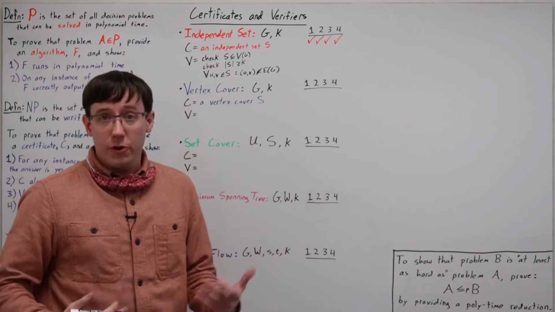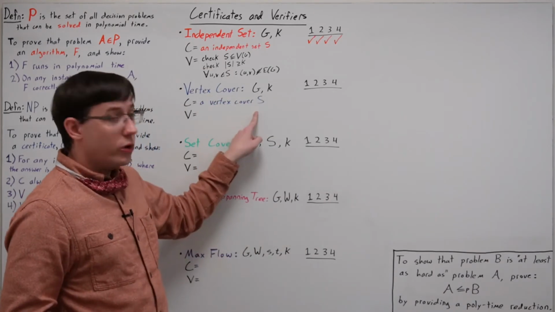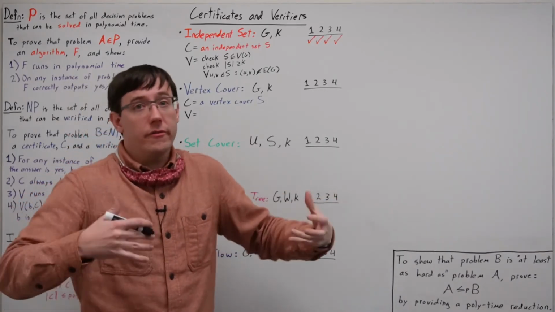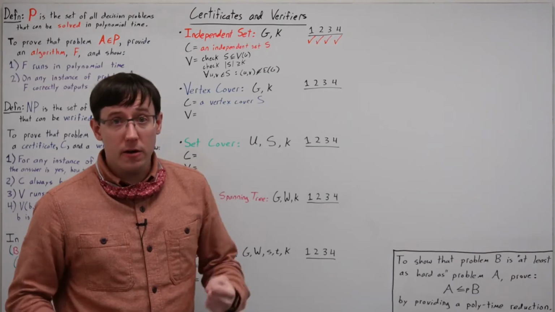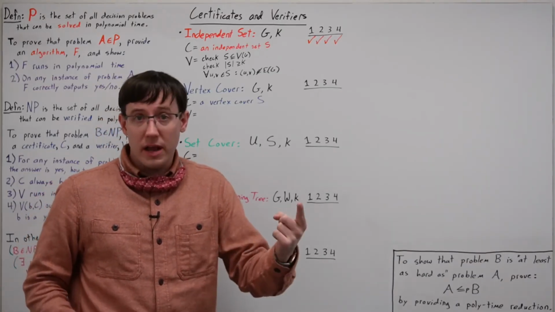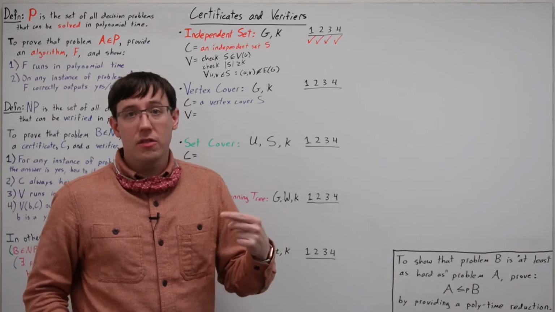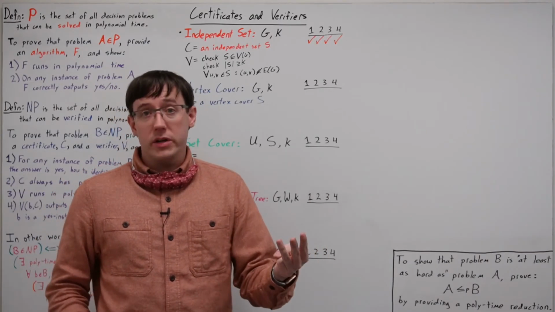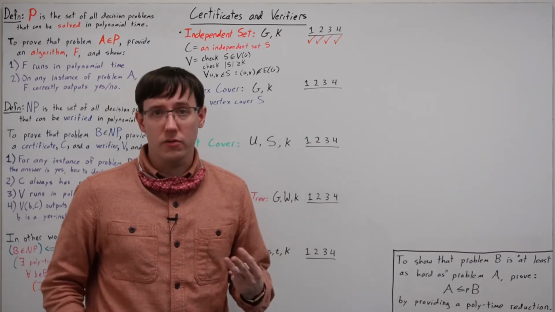So for the vertex cover problem, we could give a listing of all of the vertices in the vertex cover, and then our verifier would need to check that we have, in fact, given a subset of the vertices that is of appropriate size, and that meets the criteria of a vertex cover.